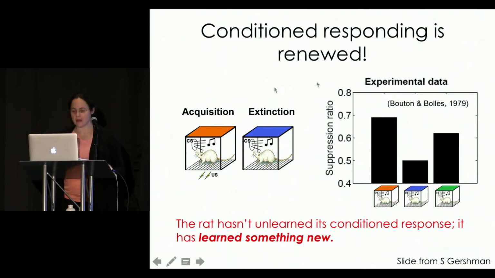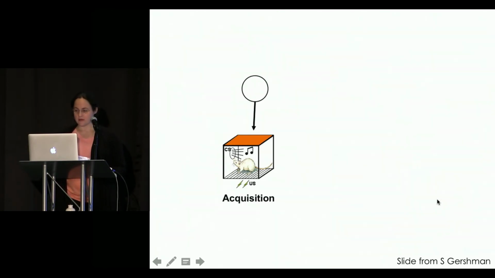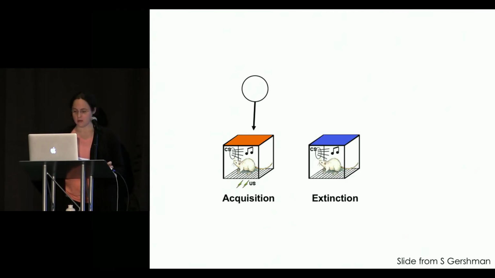Okay, so that means that the extinction phase actually did not make the animal unlearn what it had learned during acquisition. So it's not really extinction, it's something else, apparently. It's rather that it's learned something new. And you see that in a new cage, the behavior is somewhere in between. Okay, so the idea is that the animal might create this latent state that represents a cage in which the tone leads to pain.